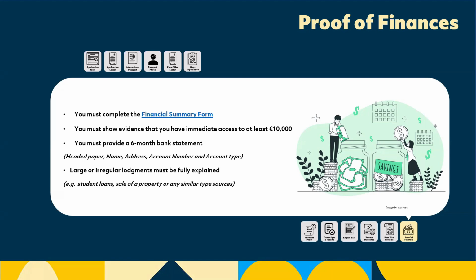I know this seems like a lot of work, going through 6 months' worth of transactions and providing an explanation for all of it, but I can tell you that it is worth it, because sometimes it is very difficult to say what large or irregular lodgements are, so no one really knows what the cutoff is. In most cases, for most bank statements, there will be certain transactions that can be grouped into categories.